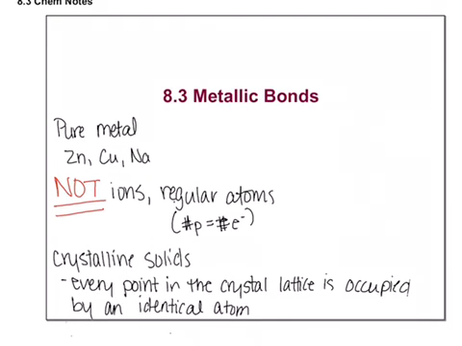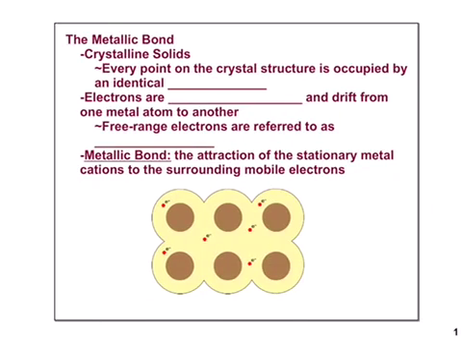So again, not ions like we've been talking about for most of this chapter. So again, we're dealing with crystalline solids. Every point on the crystal structure is occupied by that identical atom.